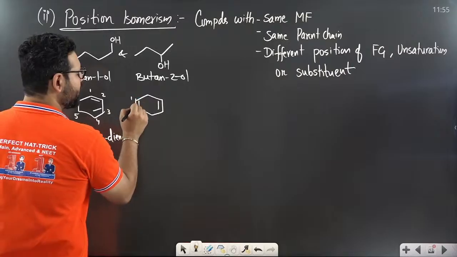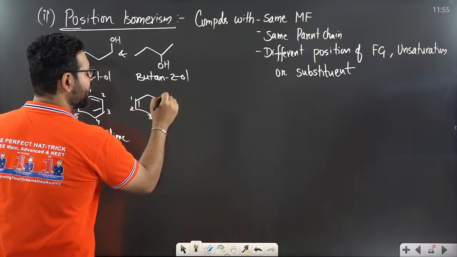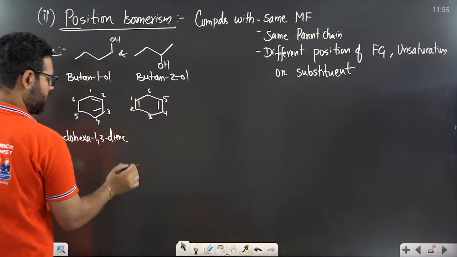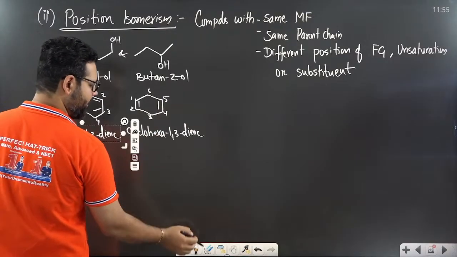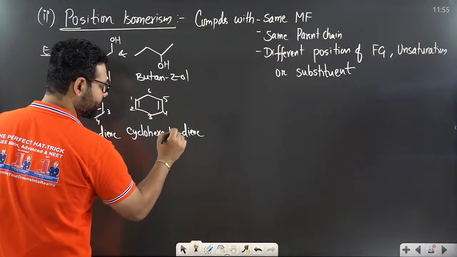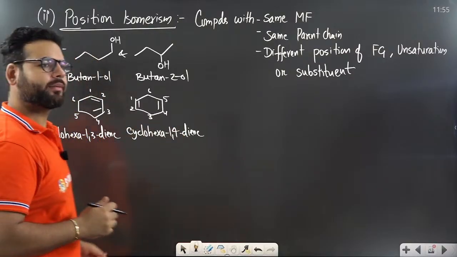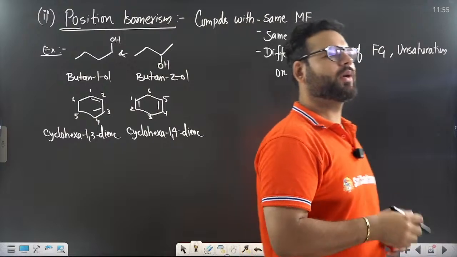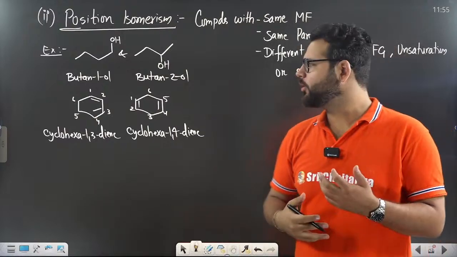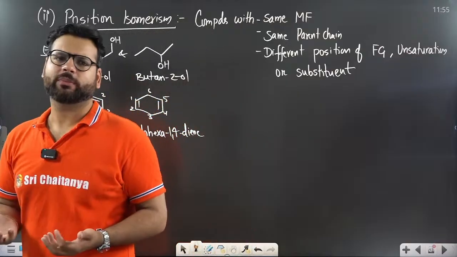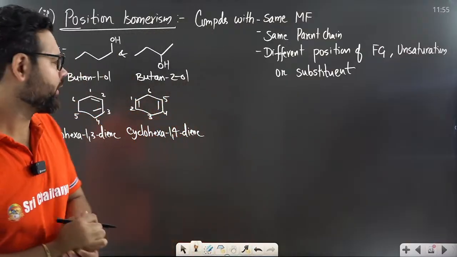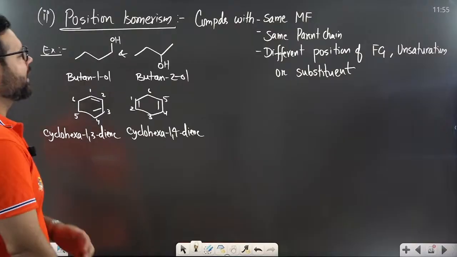But this is going to be 1,4-diene. Like that. Okay. So a cyclohexadiene can be of these types. 1,3-diene also possible. 1,4-diene also possible. Okay. Like this we are going to talk about functional isomerism.